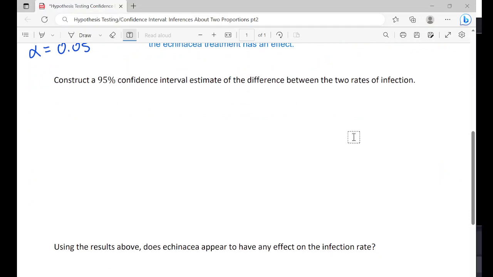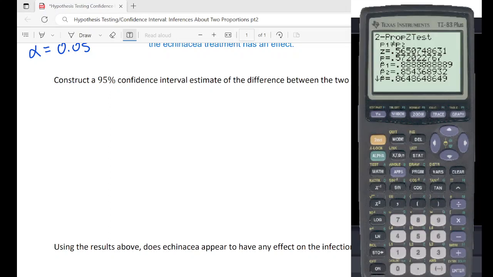Now, what if we wanted to do a confidence interval? Same thing. We're going to use our calculator. So bring up our calculator again. And most of the information is already there, so I'm just going to go back to Stat, Tests, and we did 2-PropZTest. So now we're going to go to 2-PropZInt for interval, so 2 proportion interval.